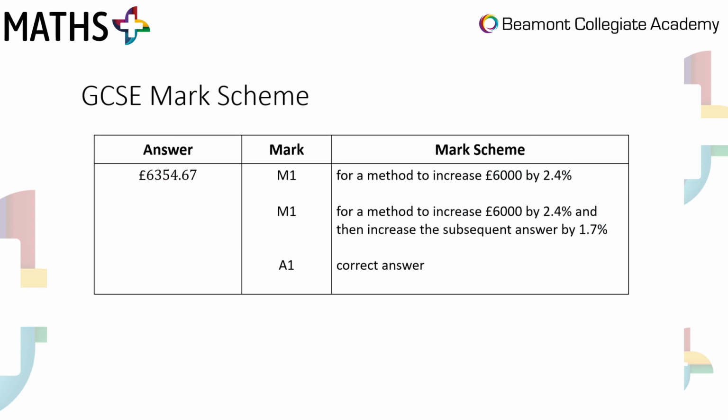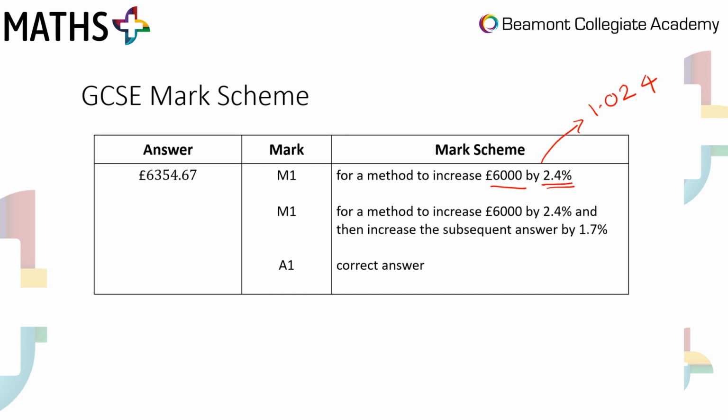Right, let's just look at a mark scheme for that. So this is a typical 3-mark question. So you would get 1 mark in the exam if you've increased 6,000 by 2.4%. So if the examiner can see a method for increasing by 2.4%, maybe using the multiplier 1.024, you're going to get your first mark for that.